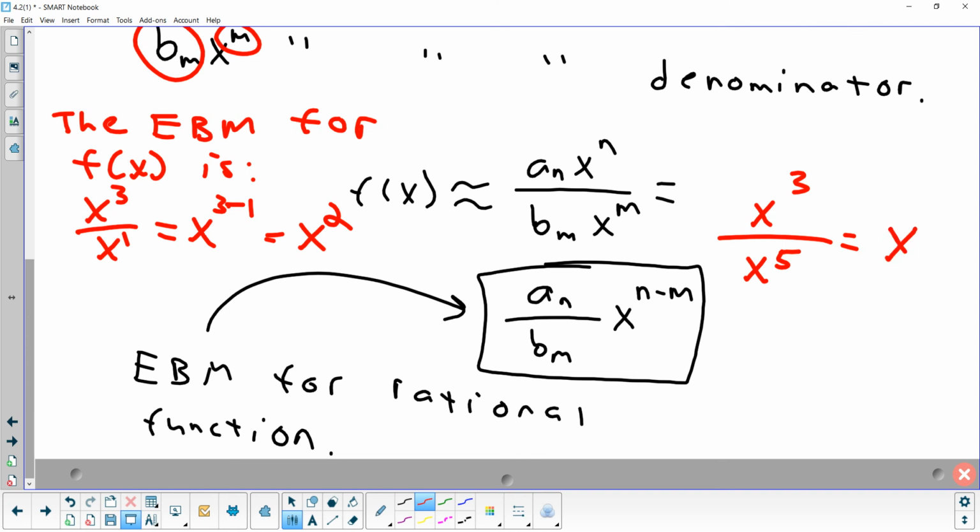Now, we followed the rule and did it correctly, but I don't really want to leave negative exponents, because that's going to get confusing. So what does x to the negative 2 mean? In Algebra 1, you learned how to write that as a positive exponent. So what does it mean when you have a negative exponent?